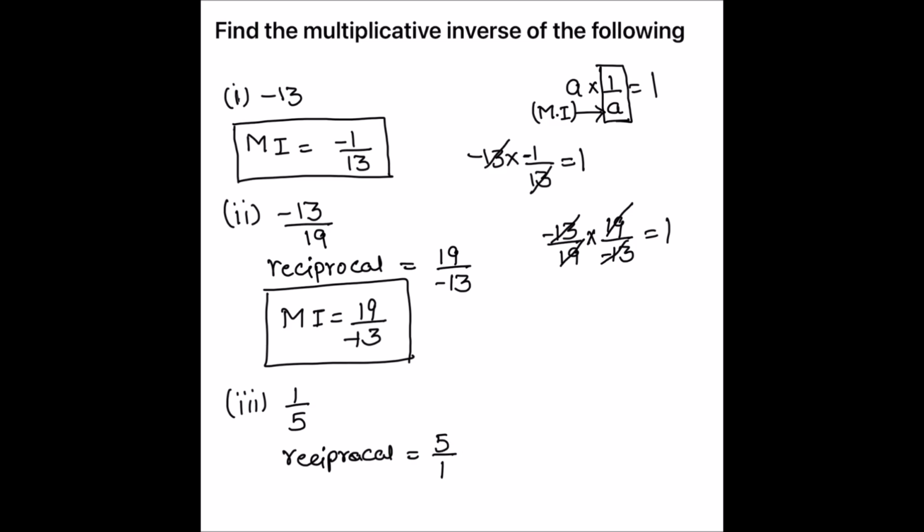So the reciprocal will be 5. The reciprocal of 1 upon 5 is 5. This should be our multiplicative inverse. Let's check. 1 upon 5 times 5 upon 1 is equal to 1, because this 5 and 5 get cancelled. So we'll get 1. So the multiplicative inverse of 1 upon 5 is 5.